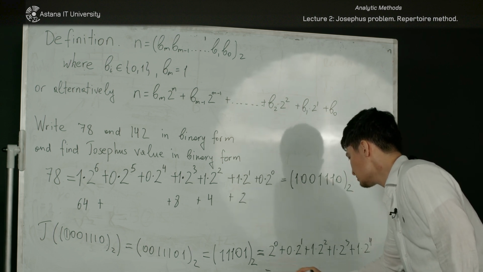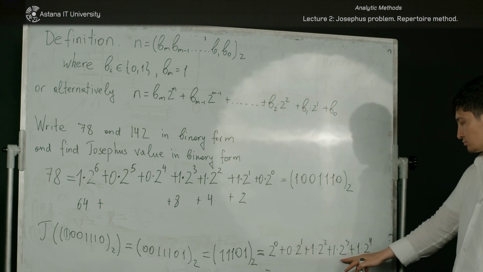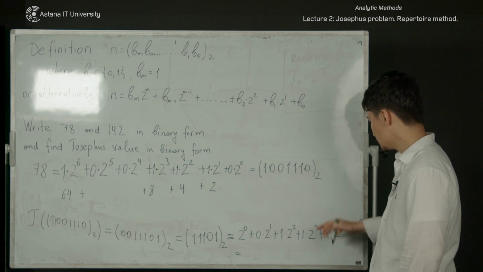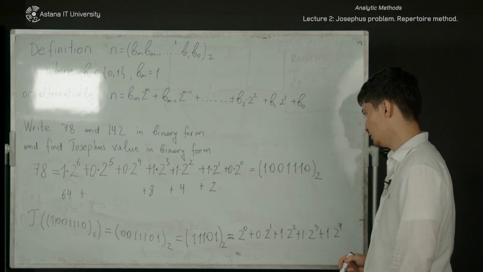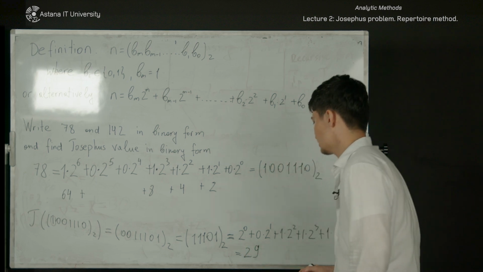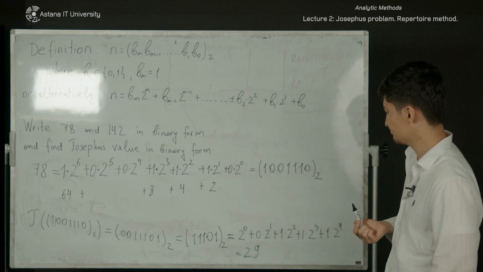So I have 1, 4, 5, plus 8 is 13, and plus 16 will be 29. This binary number corresponds to 29.